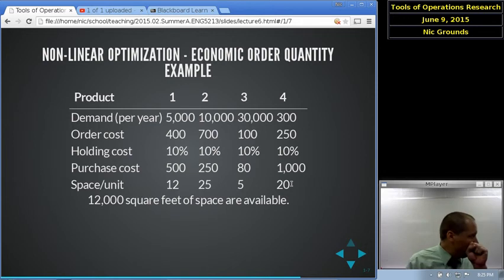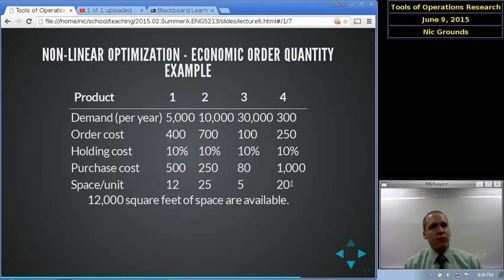feet. So what we want to do is create a model that says, I want to figure out how many product 1, 2, 3, and 4 to order to minimize my costs, ordering costs and holding costs. Subject to, I can't order too much, right?